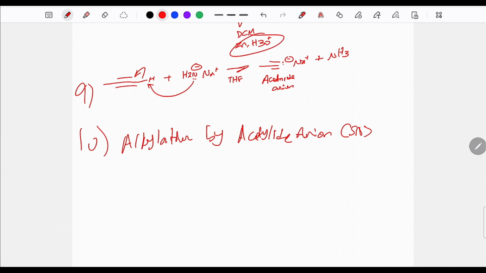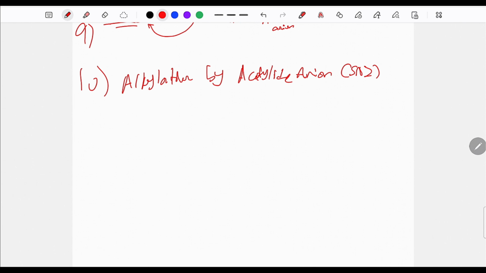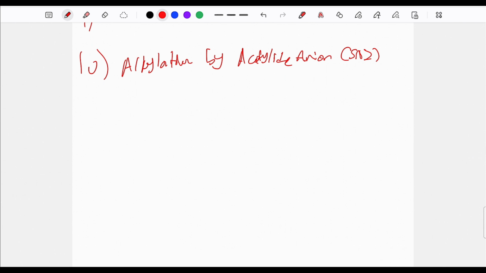By bimolecular nucleophilic substitution, you need an alkyl halide, preferably a primary alkyl halide, because otherwise it won't be able to undergo an SN2 reaction.